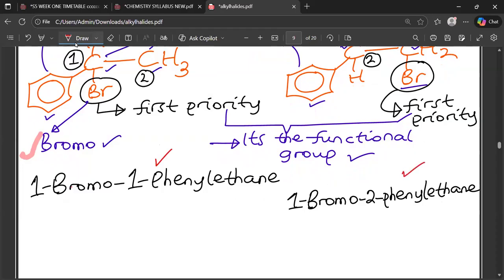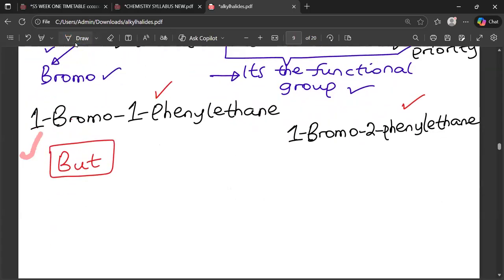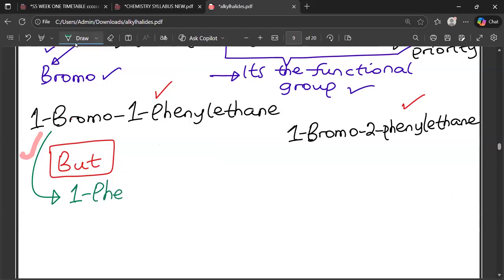This name is okay. But I want to ask you a question. What if I wake up one time and tell you that this one is 1 phenyl, because in either case the position of bromo is 1 and 1?